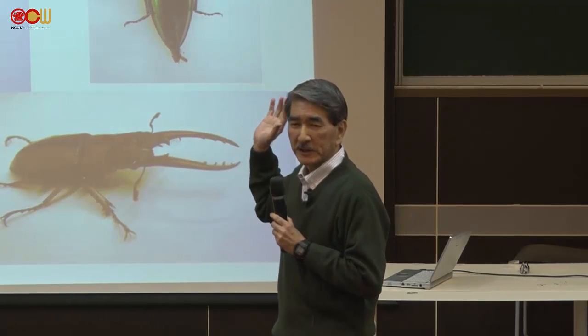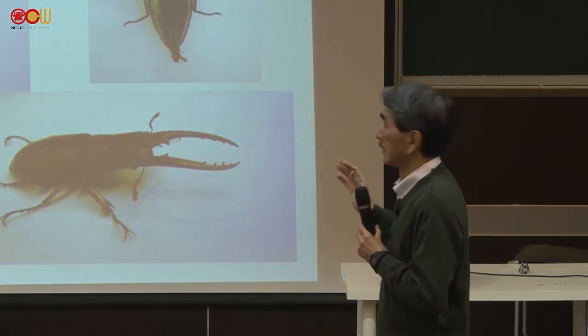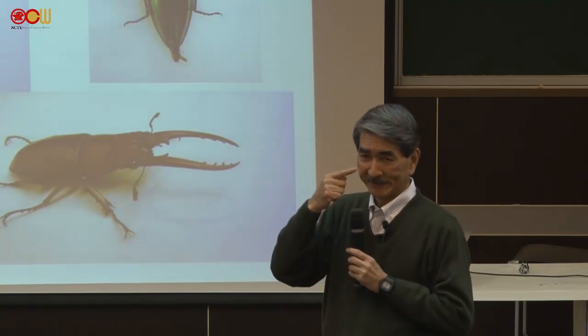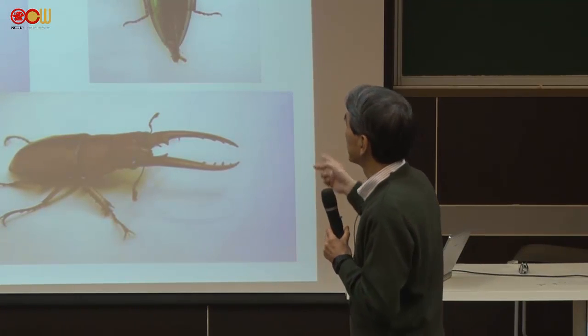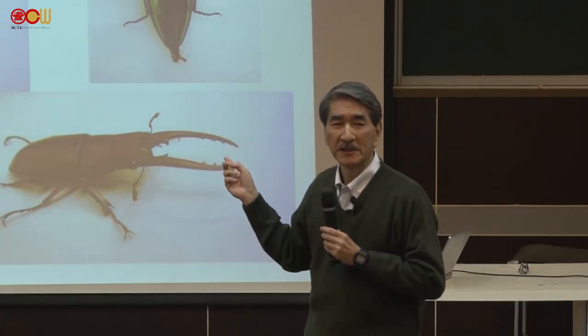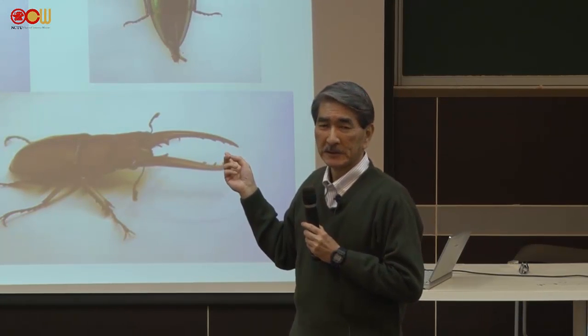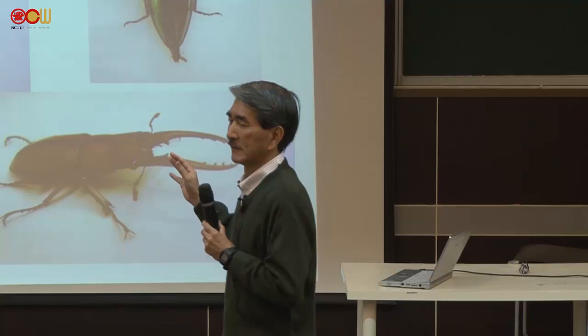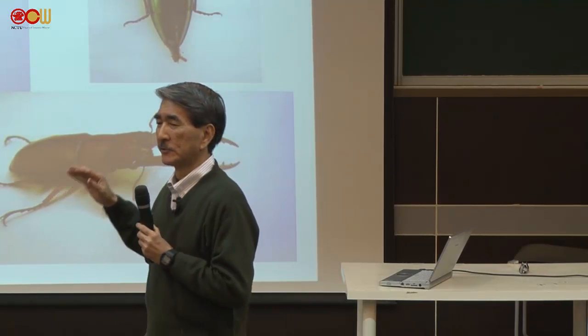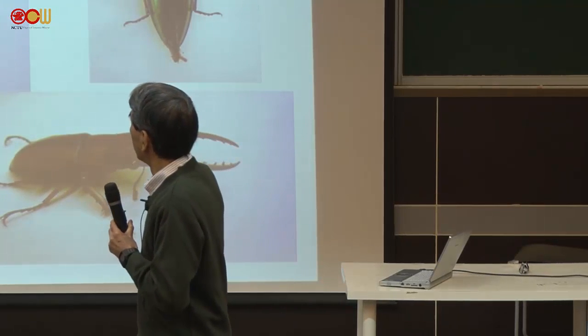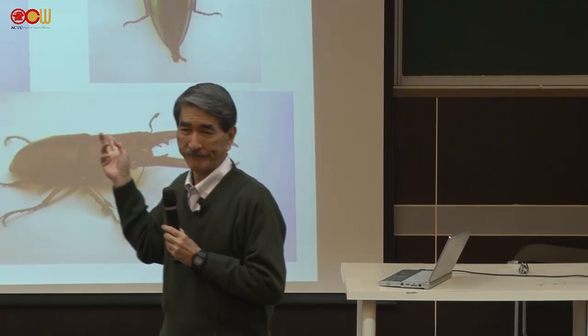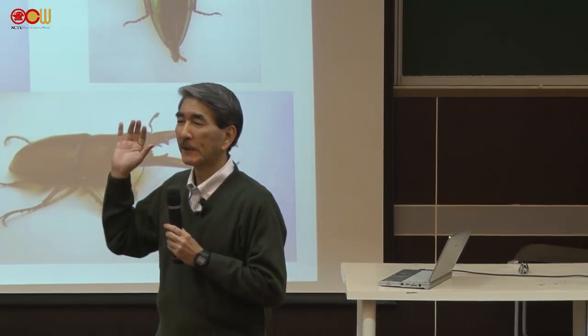But here we are using our own naked eyes to see the morphology, color, and movement. So you are using your own eyes to look at or see nature. Okay, this is what we usually do.